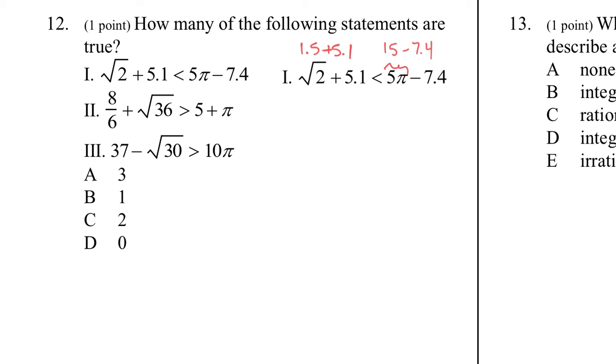Okay, so I'm going to have to get a little bit precise here. 3.14 times 5 is 15.70, minus 7.4.